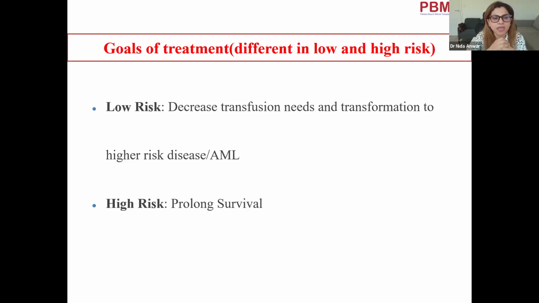In low risk disease, the main goal is to decrease the transfusion need and transformation to the high risk disease, that is AML. In high risk, the main goal is to prolong the overall survival. And in general, the aim is to improve the health-related quality of life and overall survival of the patient.